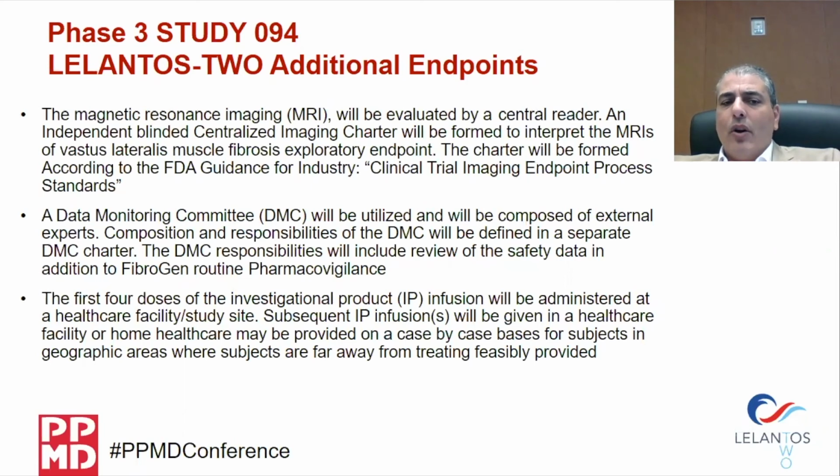That's based on the FDA guidance to industry on clinical trial imaging endpoint process. The DMC will also be formed in both trials, with 2 clinicians and 1 biostatistics person. The DMC will be defined in a charter and will be responsible for evaluating safety, in addition to, of course, the routine FibroGen pharmacovigilance activity that's ongoing on a daily basis.